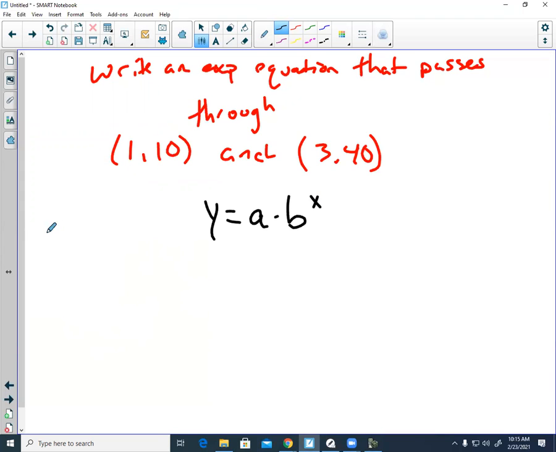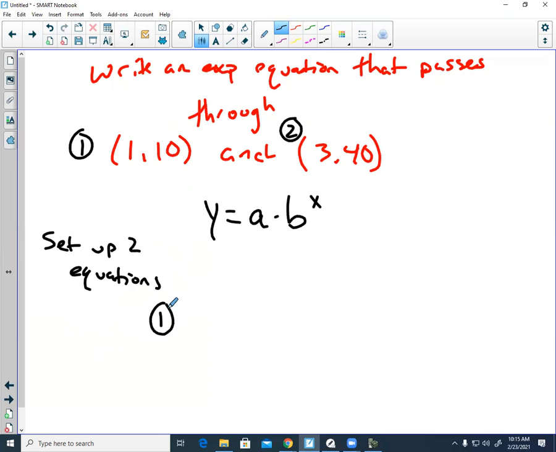You are going to set up two equations using your first ordered pair and your second ordered pair. I'm going to plug in x for x and y for y, and it's going to create a system of equations. So this is going to be equation 1.